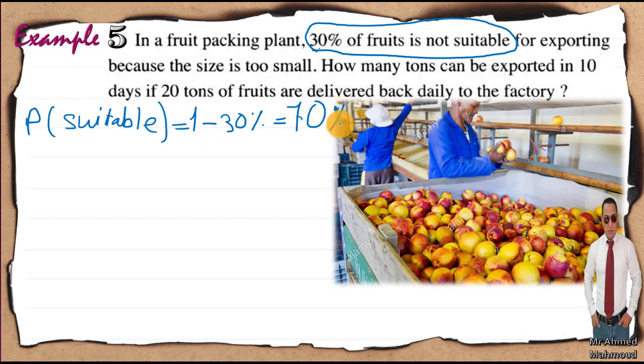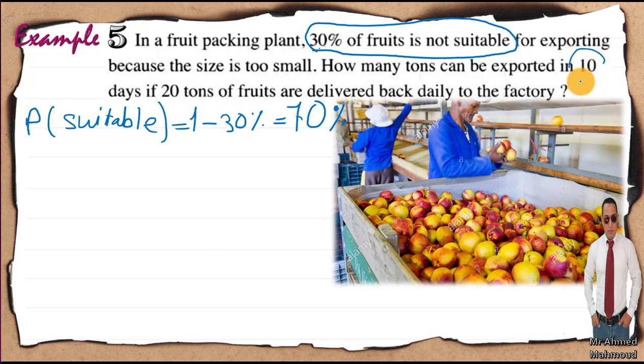Okay, now I have the percentage of the suitable part is 70%. Now I need to evaluate the total amount, or the total tons in 10 days.